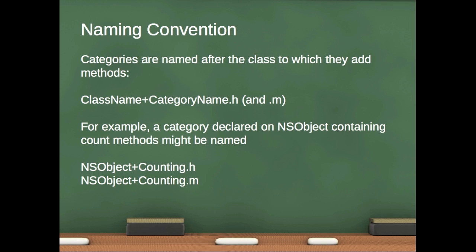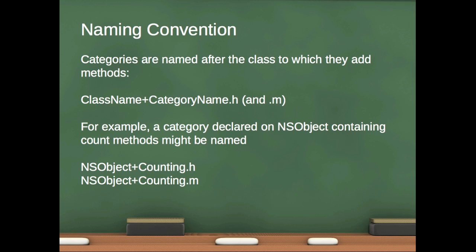So categories are named by default after the class to which they add methods. And this is going to be set up for you when you create a new category in Xcode. It'll be the class name, NSObject, NSString, one of your class names, and so forth, plus, and that is actually the plus symbol, and then the category name, .h and .m.